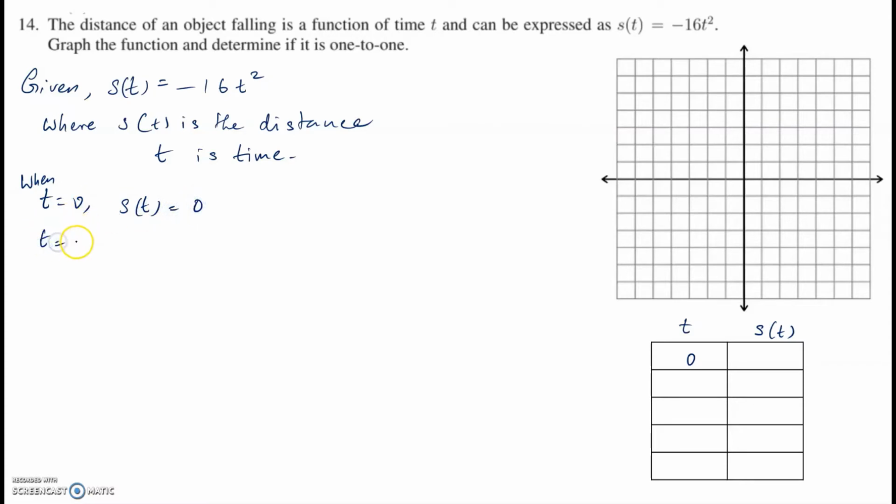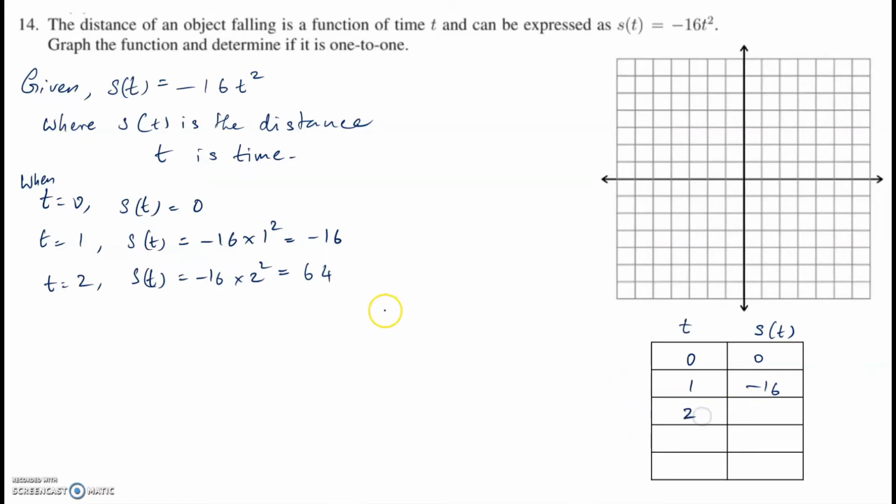When t is equal to 1, your s of t will be equal to minus 16 into 1 squared, which is minus 16. So this is 0 here, 1 minus 16, and if t is equal to 2, your s of t is equal to minus 16 into 2 squared, that is minus 64.